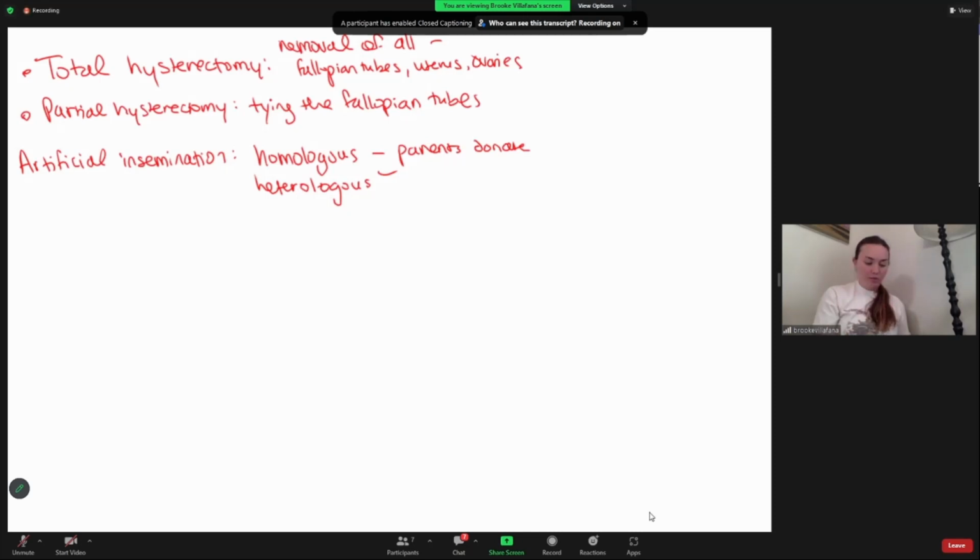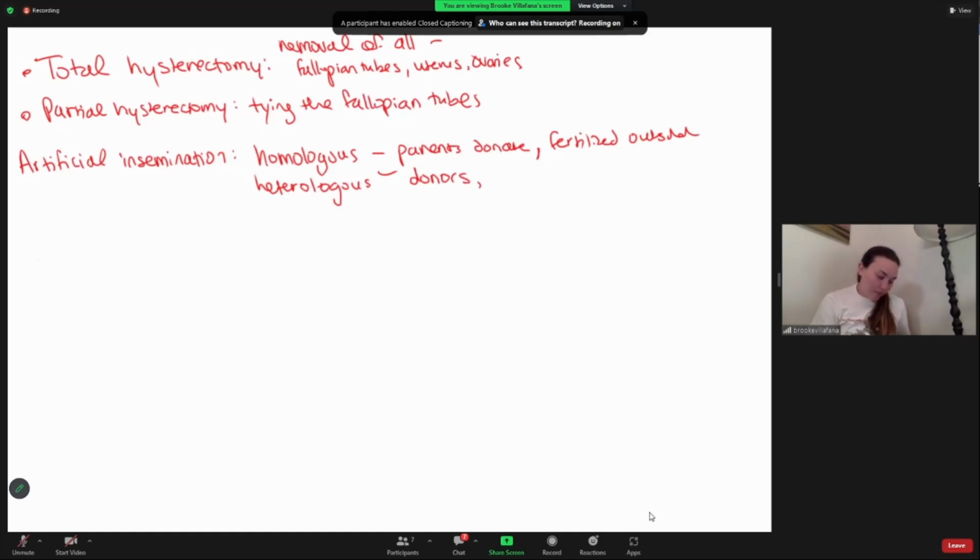And then heterologous would be there are donors. So the actual mother is maybe carrying the child and they couldn't conceive, so they fertilize it outside and implant it. That's when the parents donate, so this is fertilized outside, and again, the parents. Versus donors could be a donor sperm, a donor egg, and that would be heterologous. I don't really want you guys to stress on that because, like I said, it's pretty unlikely you'll see that.